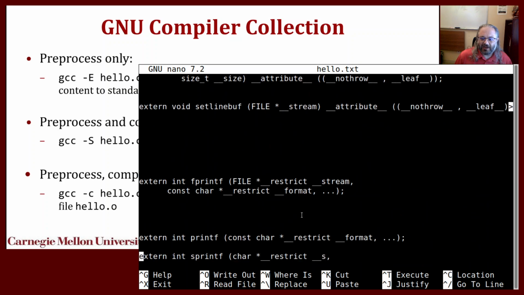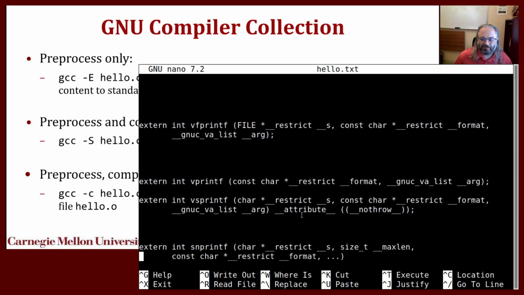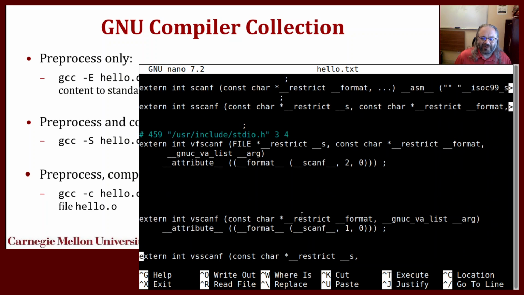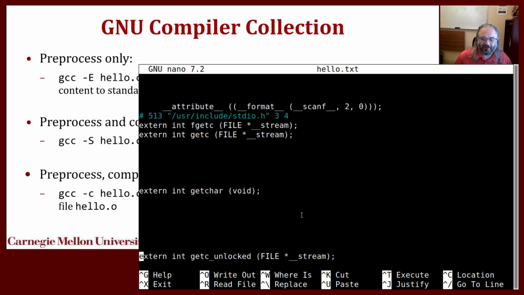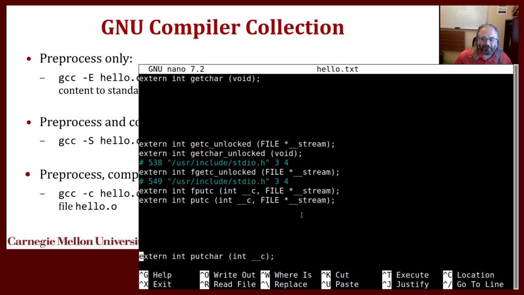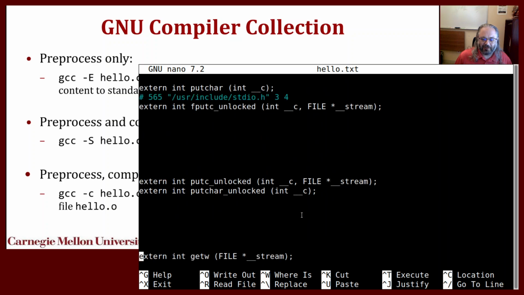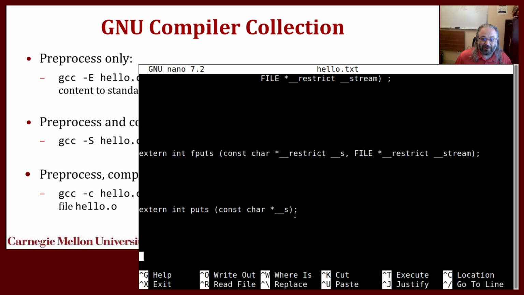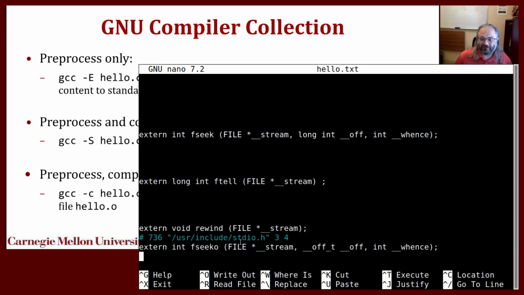Now we only need the put string function, but we're seeing the entire library included, and then we finally find somewhere in here the one function that we need, the puts function that takes a string and prints it.